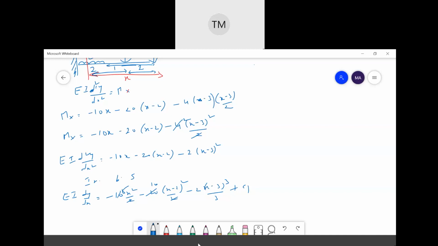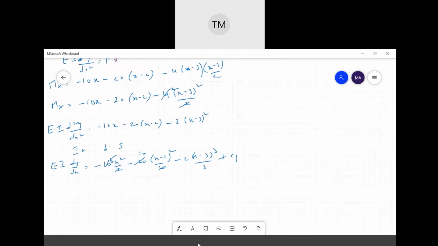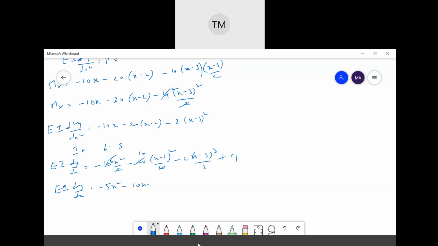Then this equation will become EI dy by dx is equal to minus 5 into x square minus 10 into x minus 2 whole square minus 2 by 3, which means 0.66, into x minus 3 whole cube plus C1. This is equation 1.